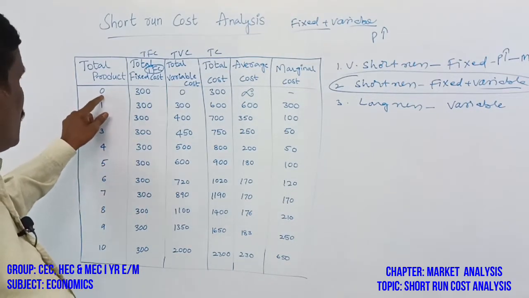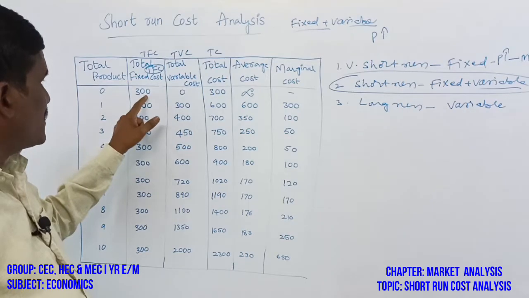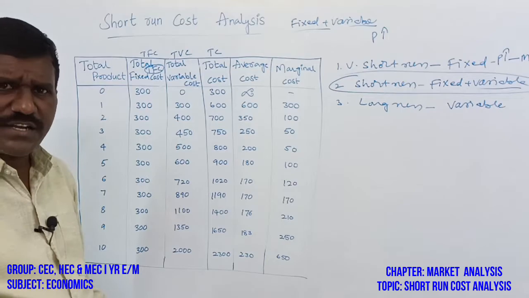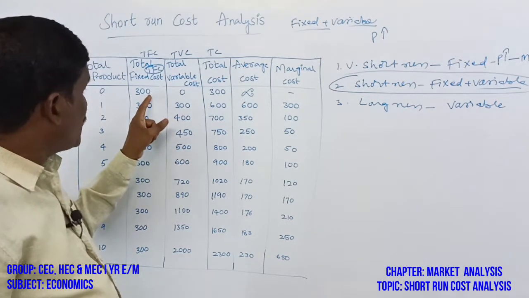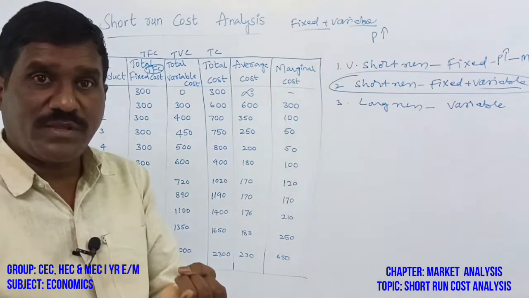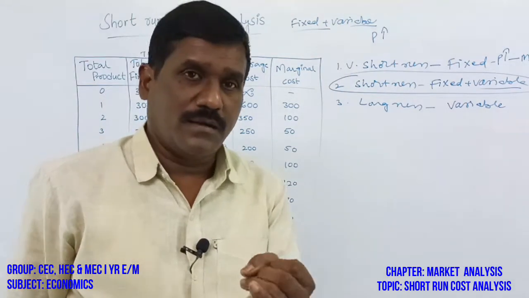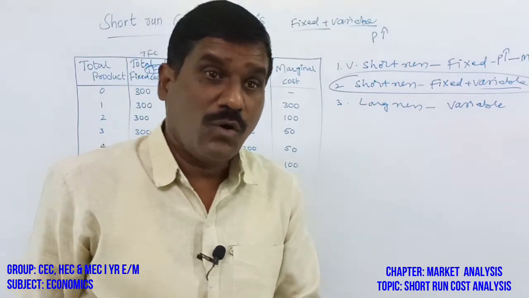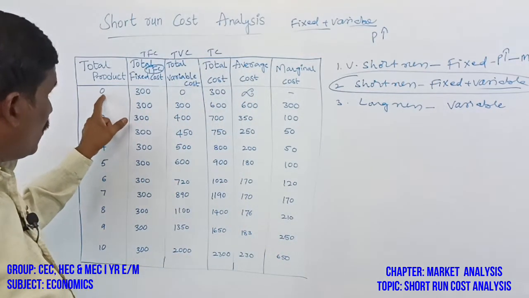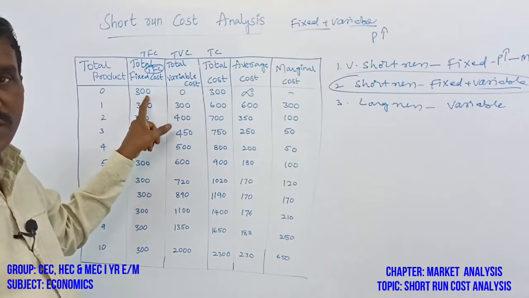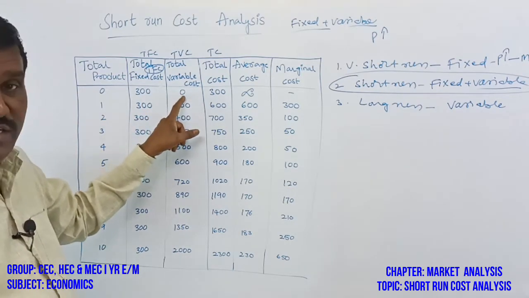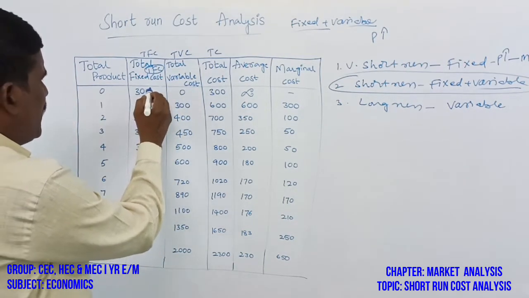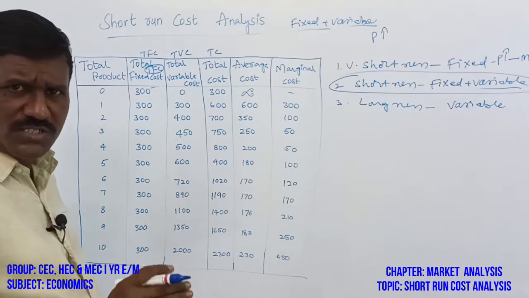Let me say it simply. Suppose there is no production. The production has not started, but the fixed factors are needed: land, plants and machinery. So the production will be zero, the fixed cost is something, say 300, but the variable cost is zero.